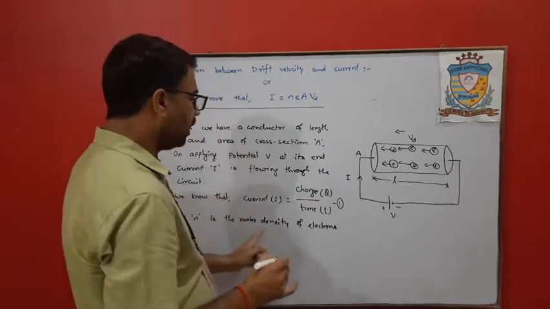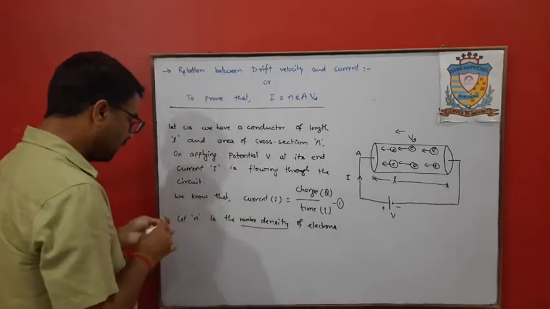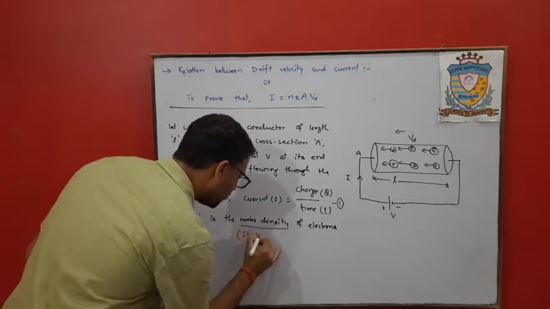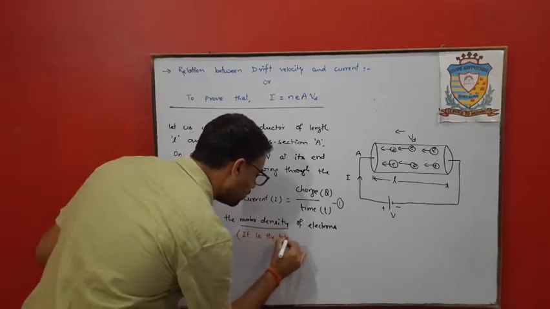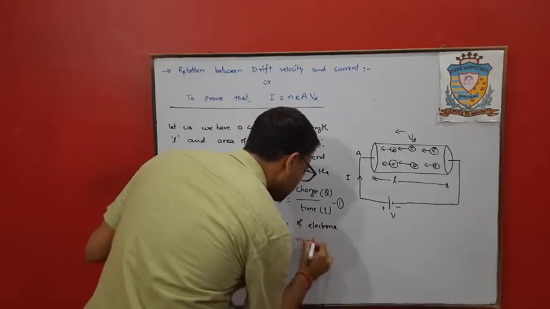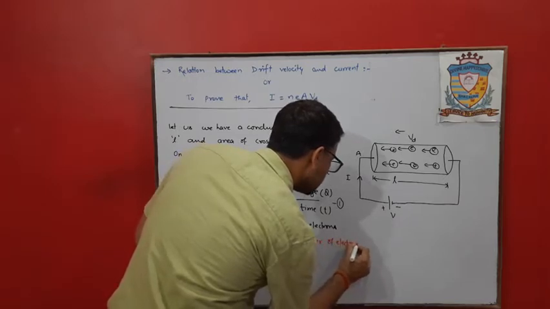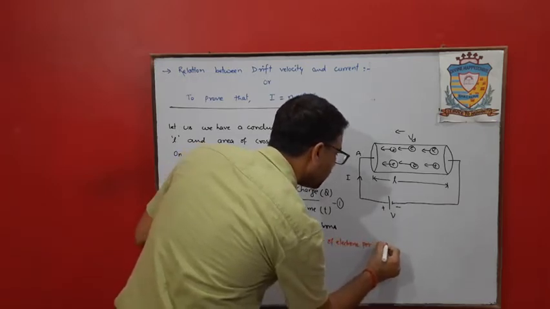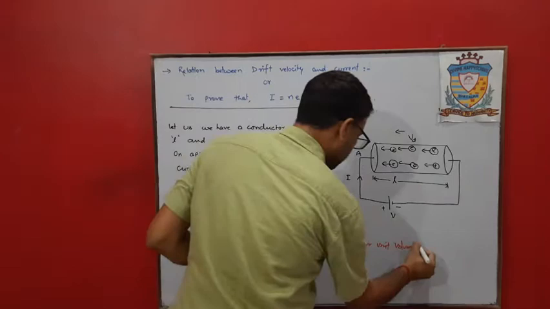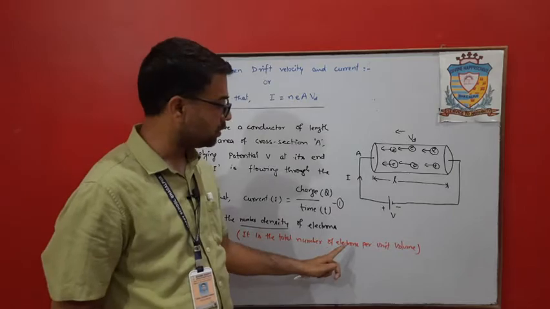Number density is the total number of electrons per unit volume. Okay, so this is the definition of number density, that is, it is the total number of electrons per unit volume.